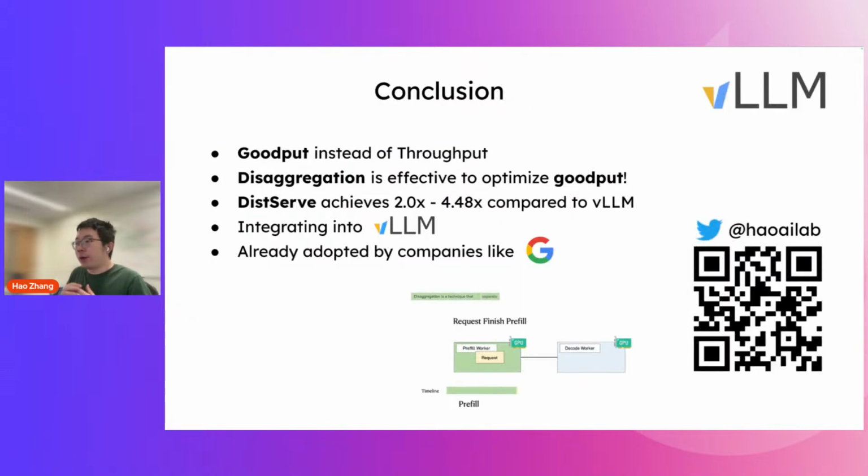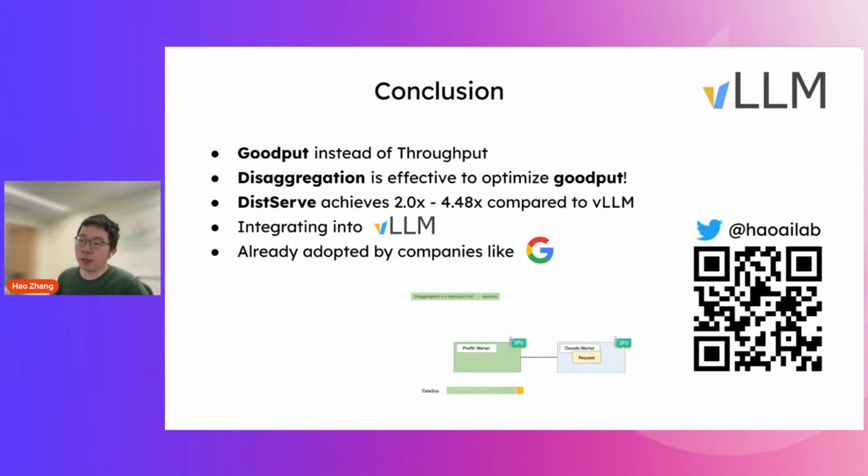With that, I want to summarize this technical talk and start accepting questions. We are actively integrating this as a major feature, disaggregated prefill decoding, into vLLM. I think there are quite a few PRs now in vLLM doing this. The point I want to make in this talk is that we should optimize goodput instead of throughput, because each application definitely has different latency constraints. Disaggregation is an effective technique to optimize goodput.